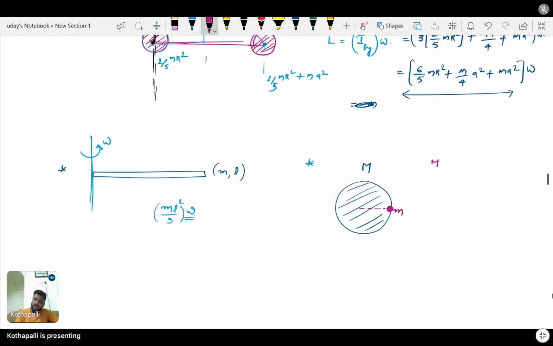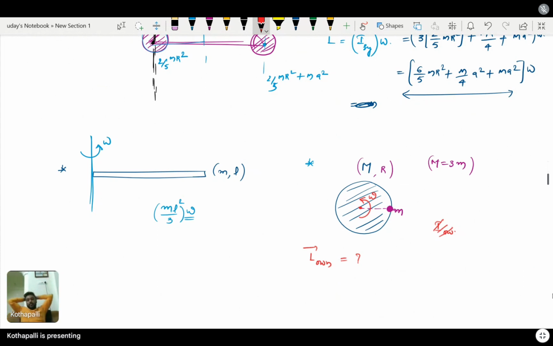You can take capital M equal to 3m in the continuous case. Radius r. About its own axis it is rotating, so its angular momentum about its own axis, with angular velocity omega it is rotating.